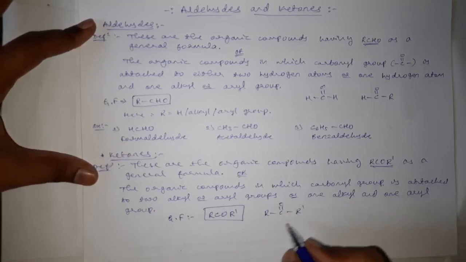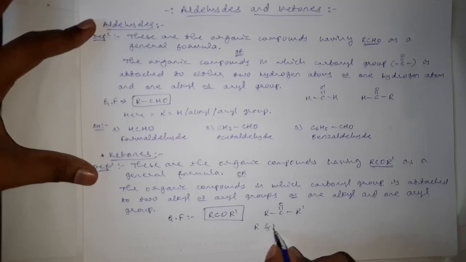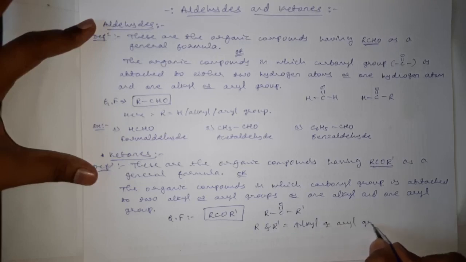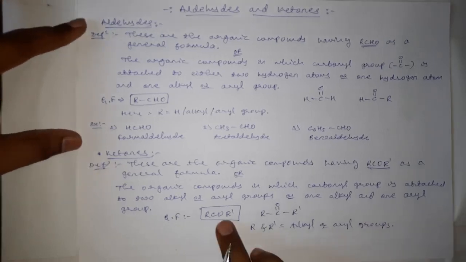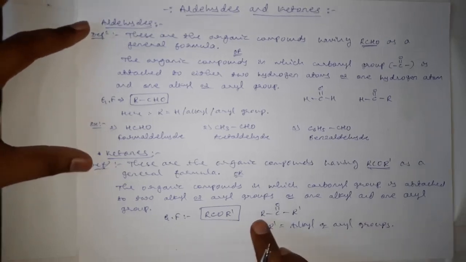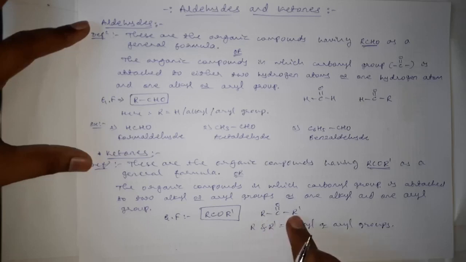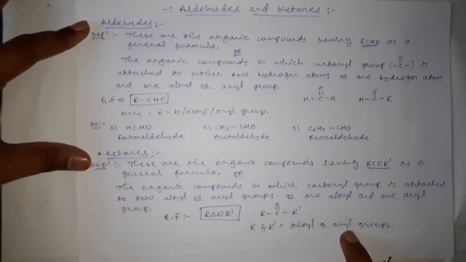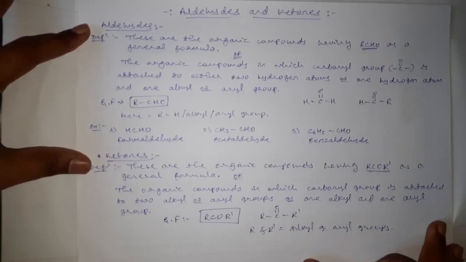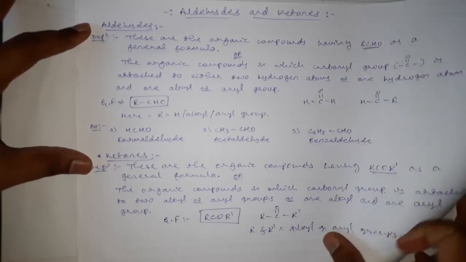Okay, and here this R and R dash may be alkyl or aryl groups. Okay, this is the general formula for ketones, and here this R and R dash both may be alkyl or both may be aryl, or one may be alkyl and one may be aryl. Okay, this is the definition for ketones.